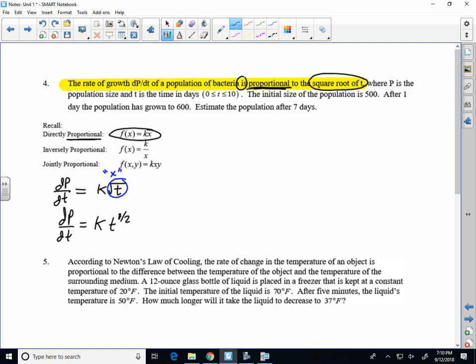So I'm going to rewrite this as dp equals kt to the 1/2 times dt. So I'm multiplying through with the dt. Then I'm going to integrate.